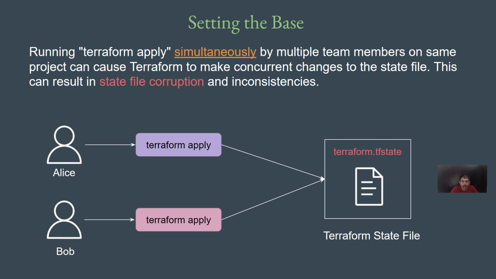If these concurrent changes happen, as we discussed, the chances of state file corruption are quite high and it will also lead to a lot of inconsistencies. So ideally, at a time there should only be one process making changes to the terraform.tfstate file, and multiple processes should not make any change simultaneously to this file. So this is the main aim.